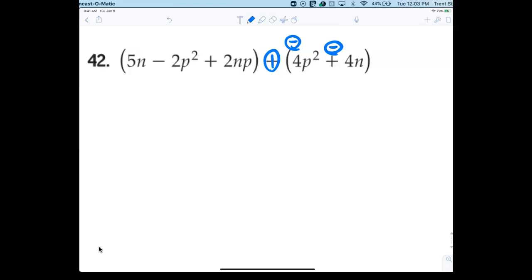I'm okay with you writing n, because it's 5n minus 4n. Okay, now what? Negative 6p squared. Right? And then plus 2.